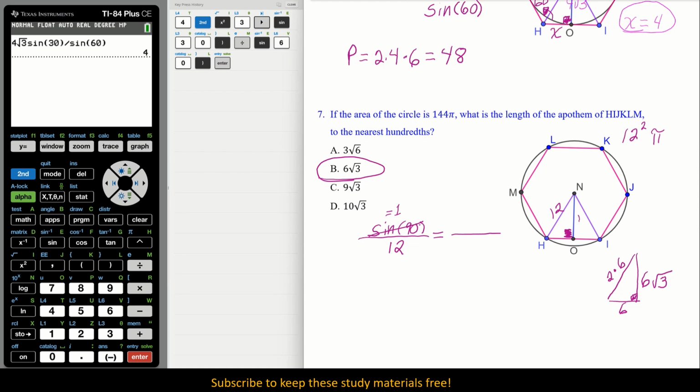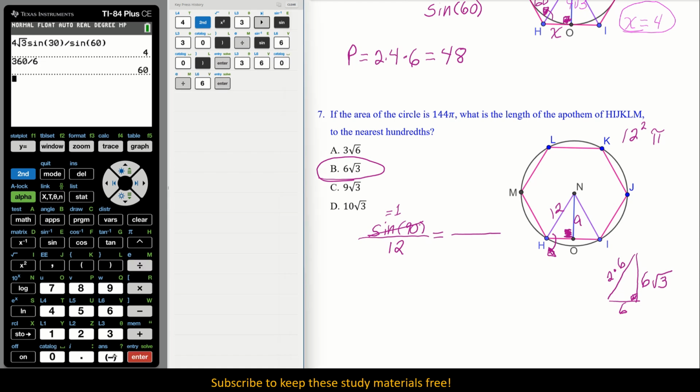We are looking for the A, and we need this angle measure. Do we remember what that was? Well, if you don't, it isn't a big deal. You have 6 sides. So you take 360, divide by 6 like we did before. Actually, it's 60 because it's just coinciding that creates an equilateral triangle.